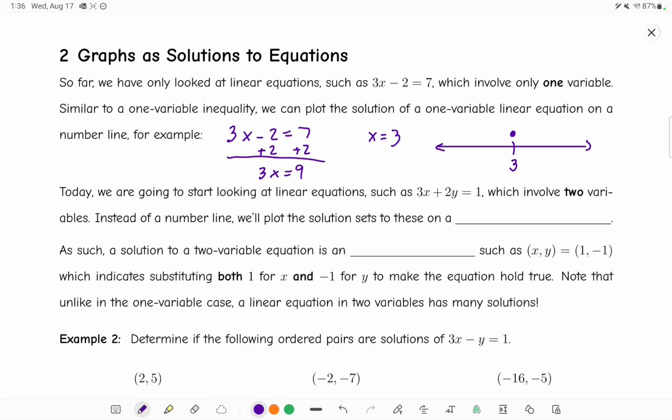Today we're going to start looking at linear equations such as 3x + 2y = 1, which involve two variables. Instead of a number line, we'll plot the solution sets to these on a Cartesian plane.